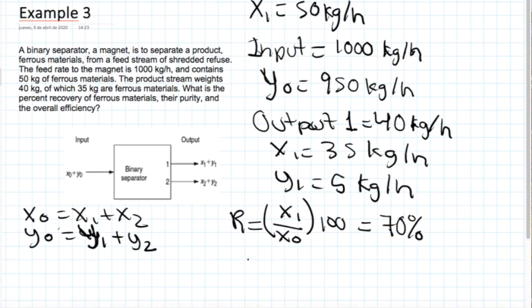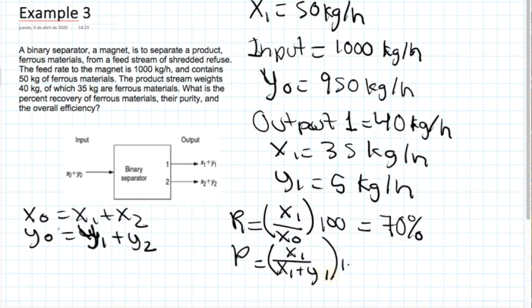Then the purity is equal to x1 divided by x1 plus y1, and we have all the values already, as you see above. So then we can calculate this number, which is 87.5%.